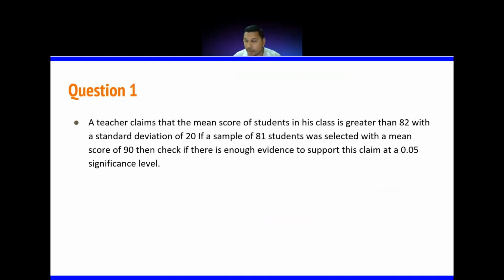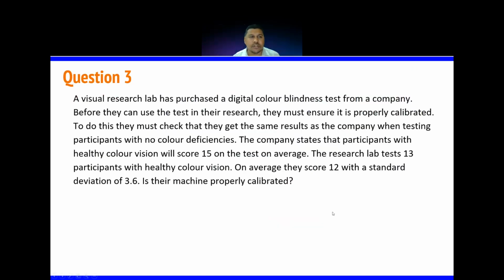So one more problem, maybe you will understand it better. Can you read this problem? We will try to solve this. This is one kind of problem. Please read this. A visual research lab has purchased a digital color blindness test from a company.